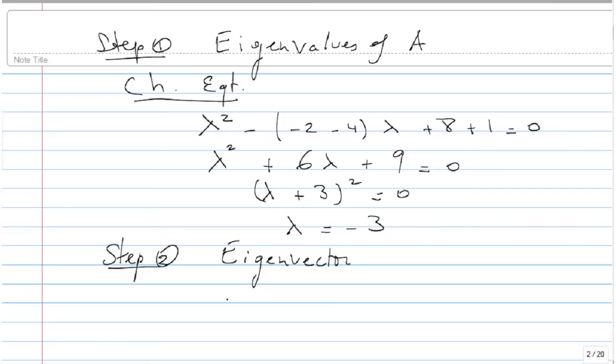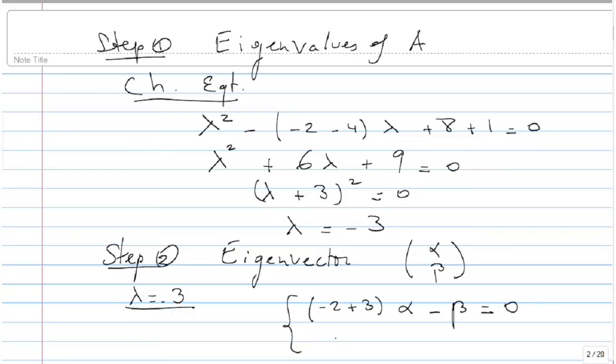Because we only have lambda equal minus 3, the eigenvector alpha, beta is given by the following system, which is A minus lambda: minus 2 plus 3 times alpha, plus B, which is minus 1, times beta equals 0, and then the other one is C, which is 1, so alpha, plus D, which is minus 4 plus 3, times beta equals 0.